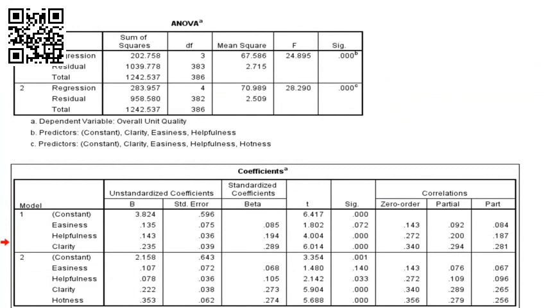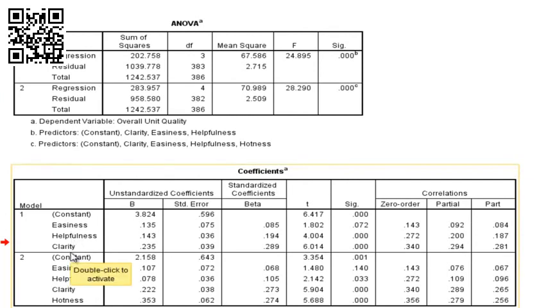Now, in the last table that's particularly interesting, you get the beta weights and the statistical significance associated with those beta weights, which is important and interesting. Now, in the first model, we can see that easiness, helpfulness, and clarity were added to the model.